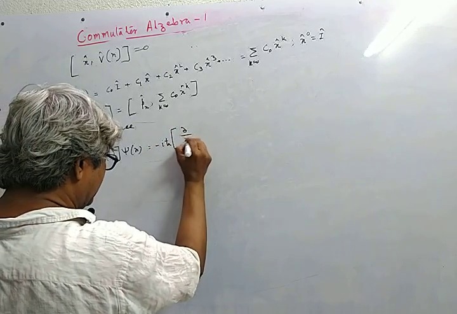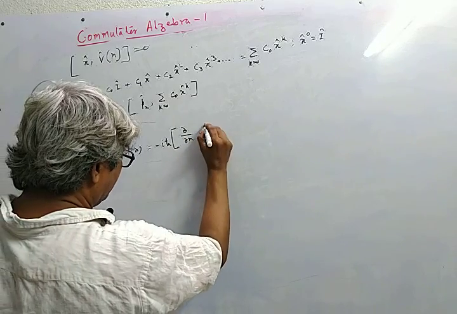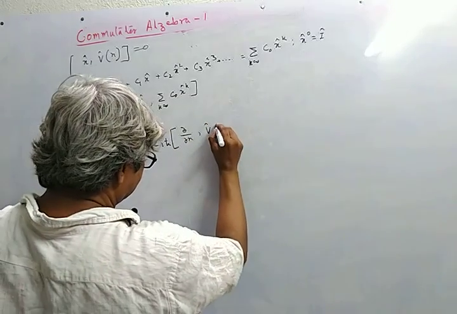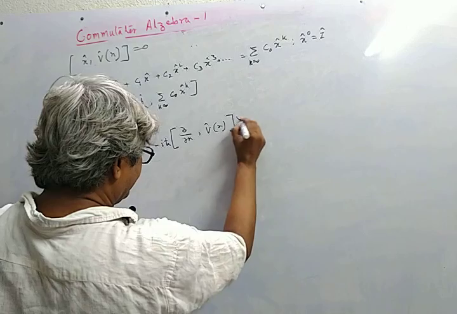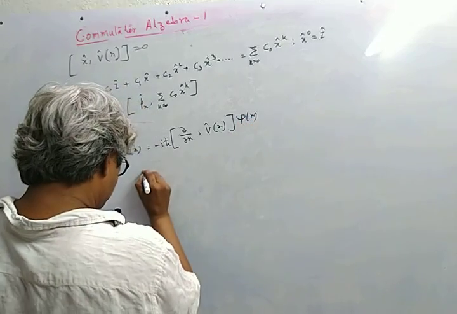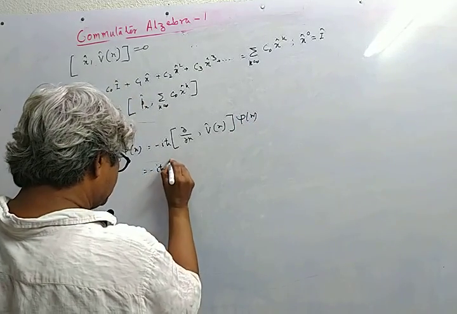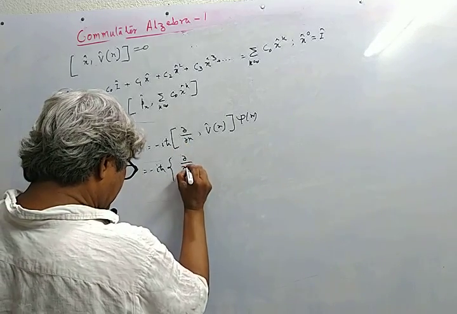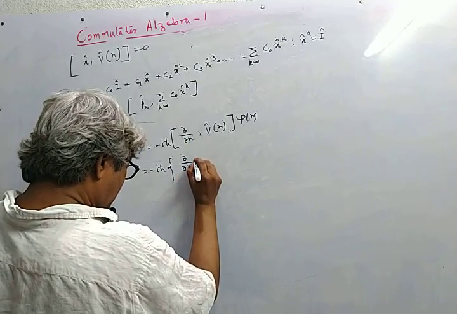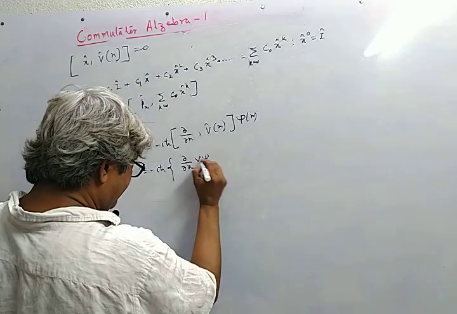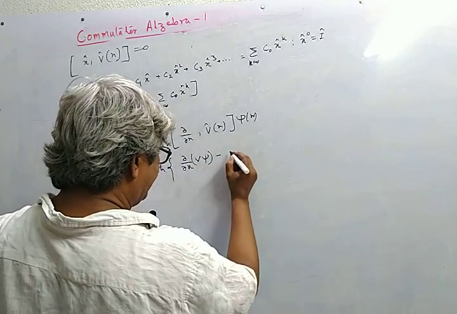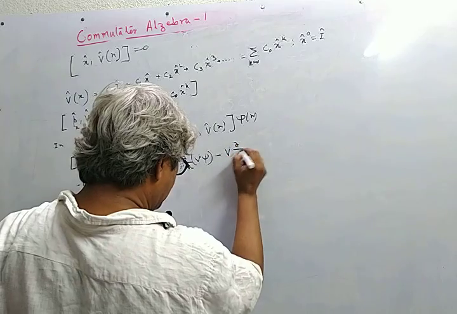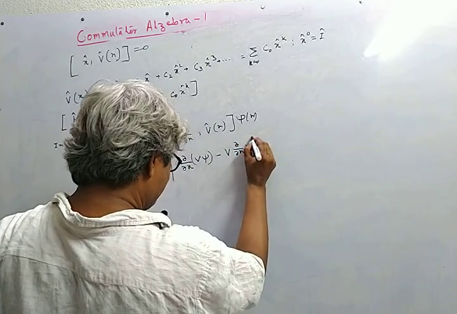So this is del x of V psi minus V del x psi.